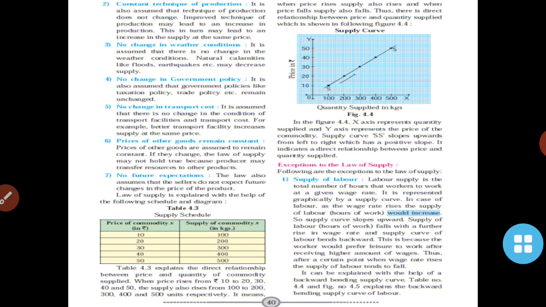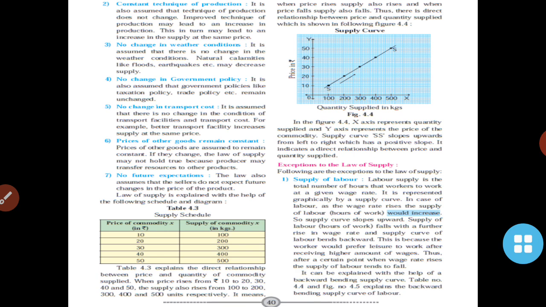Supply of labor hours of work falls with further rises in rate, and the supply curve of labor bends backward. This is because the worker would prefer leisure to work after receiving a higher amount of wages. Thus, after a certain point, as the wage rate rises, the supply of labor tends to fall. It can be explained with the help of the backward bending supply curve.